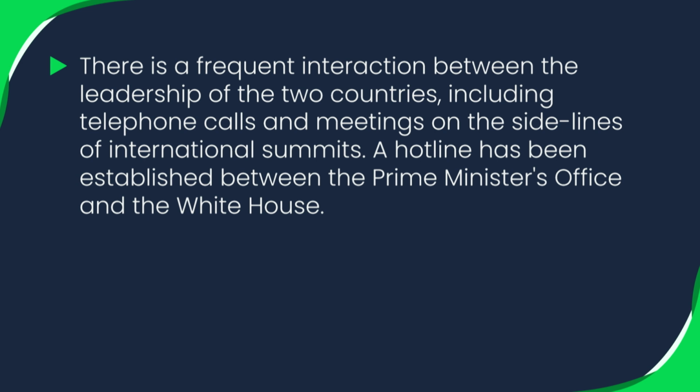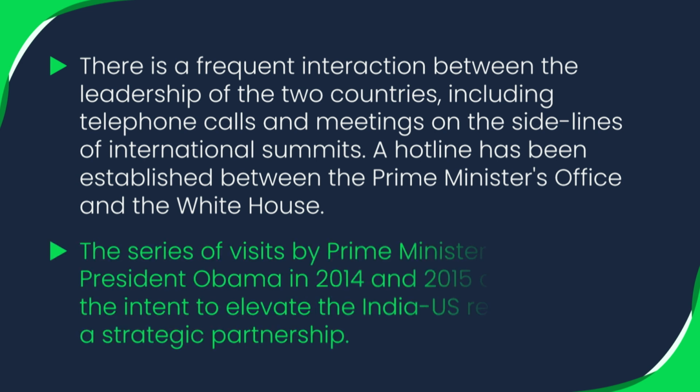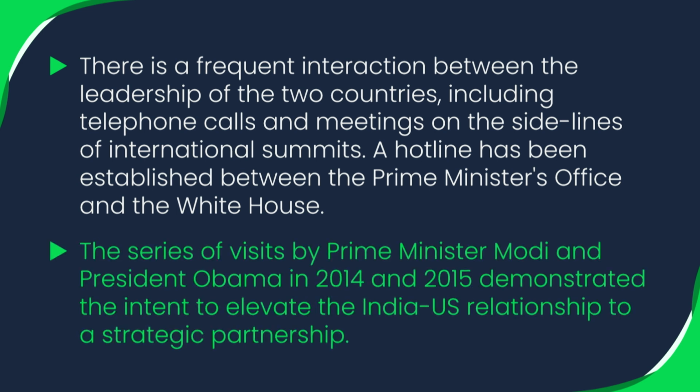A hotline has been established between the Prime Minister's Office and the White House. The series of visits by Prime Minister Modi and President Obama in 2014 and 2015 demonstrated the intent to elevate the India-US relationship to a strategic partnership.